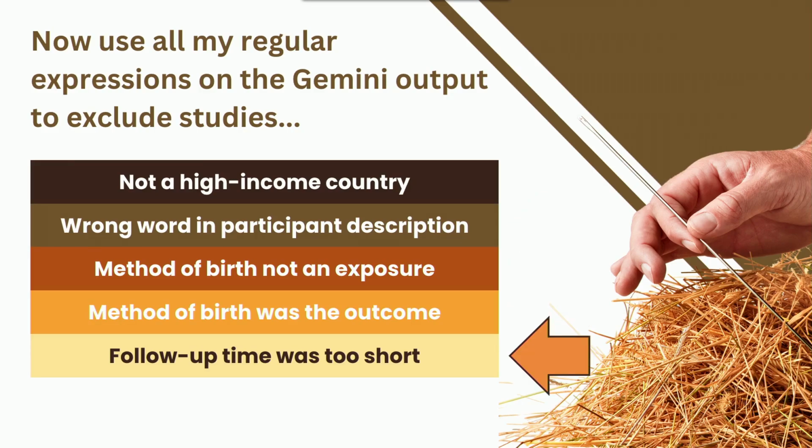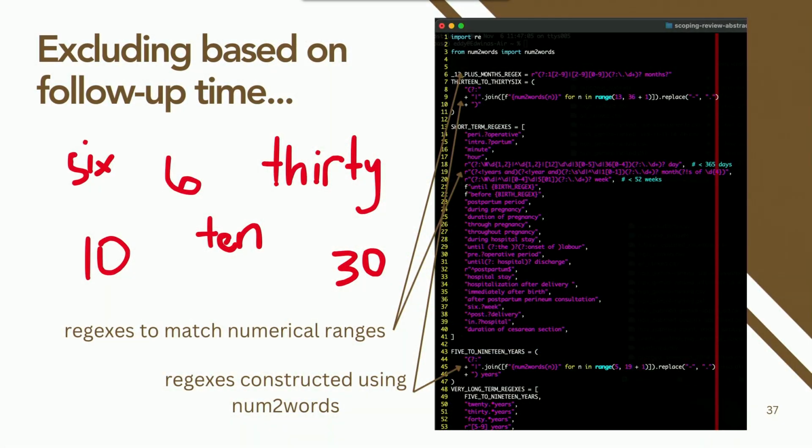And finally, I tackled the long-term problem, aiming to banish studies where the follow-up was 12 months or less. And Gemini tended to return the information in whatever format the authors had written it in. But I could use Python to handle this. I conda installed num2words and wrote some moderately complex regular expressions to match ranges of numbers of days, months, and years.